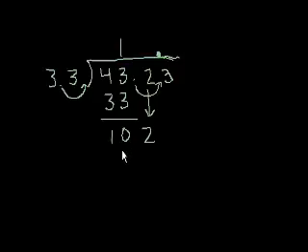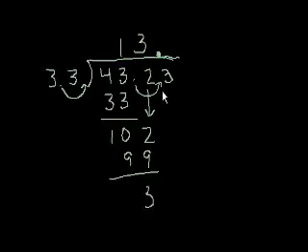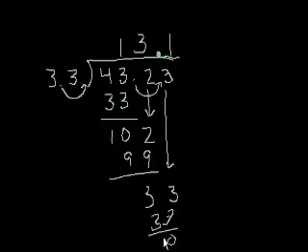You can eyeball that one and say, oh, 3 times, because you know 3 times 33 is 99. 102 minus 99, well, that's easy. That's 3. And we just bring down this 3. 33 goes into 33 one time. 1 times 33 is 33. 33 minus 33 is 0.